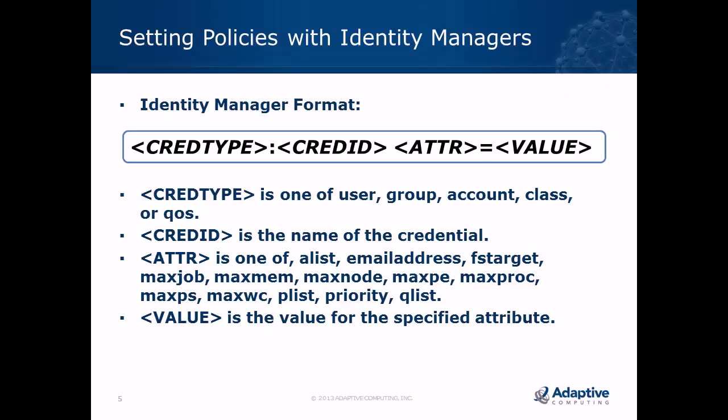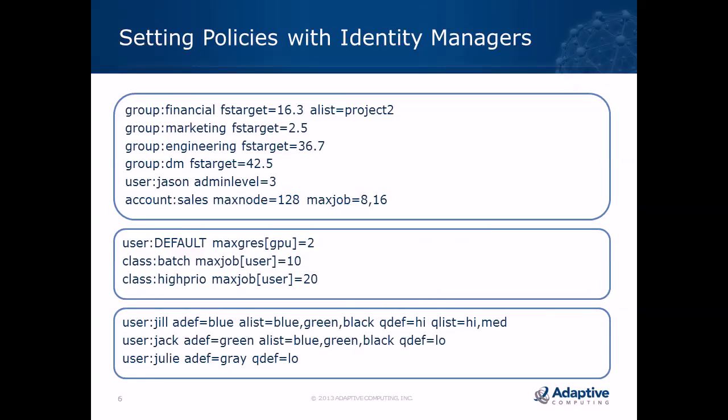You can put them inside of the identity manager, and then Moab will read that in, update it on the fly, and change it however you'd like. It's pretty simple. So these are some examples.